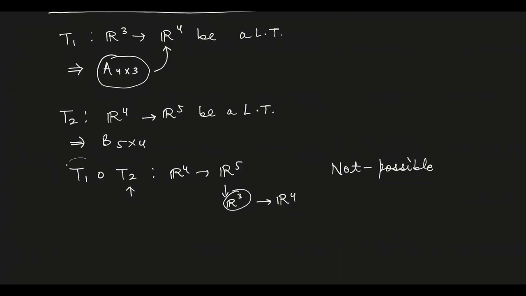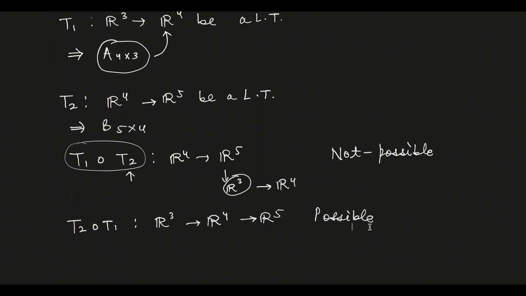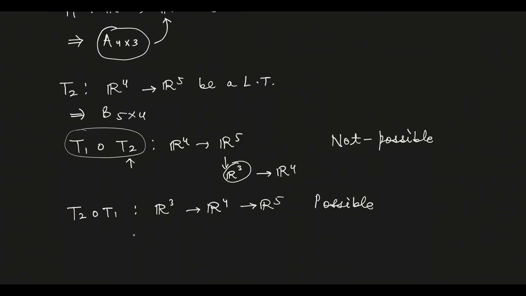So T1 composition T2 is not possible, but if I take T2 composition T1, T1 is R3 to R4, then T2 is R4 to R5. Now it is possible. So T2 composition T1 will be a matrix of order 5 cross 3, meaning this was B and A of order 5 cross 3.